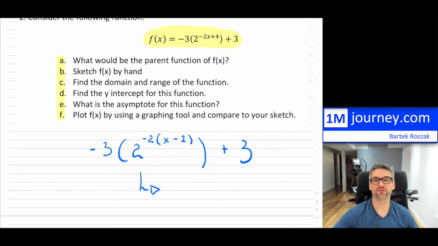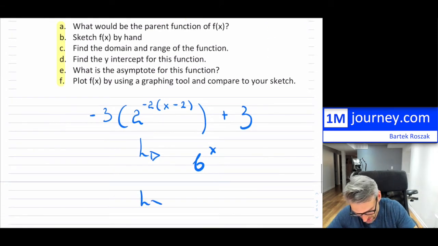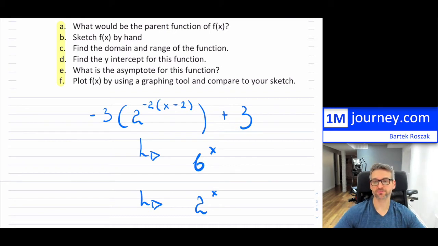Well, our parent function, the regular function, which is b of x, or b to the x, well, for us, our parent function is 2 to the x. That's what this is. So that's what you would have, and you can see that directly from here.